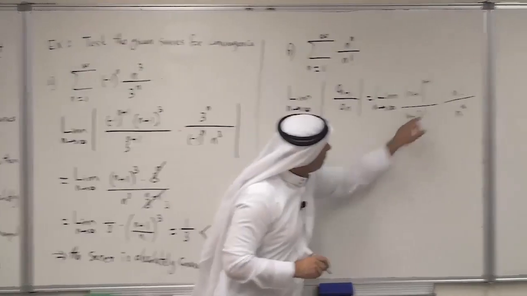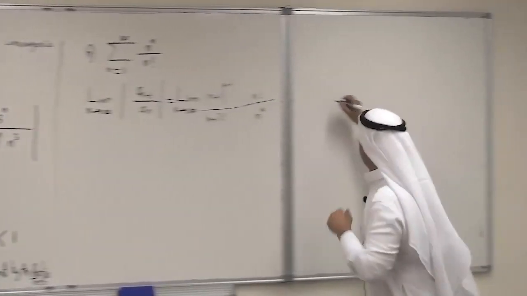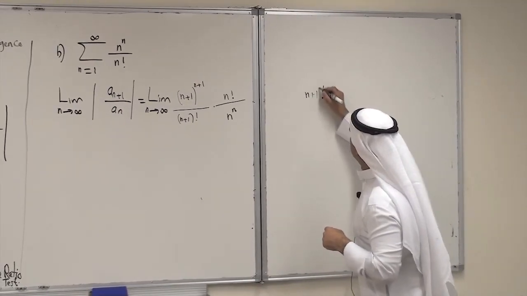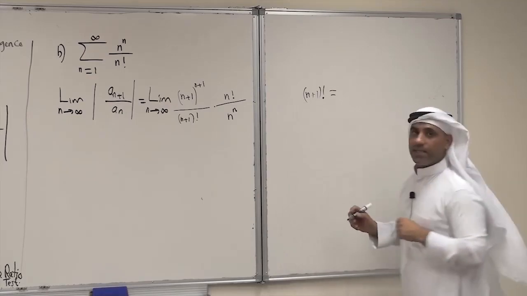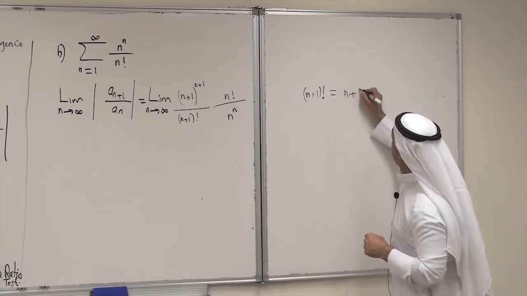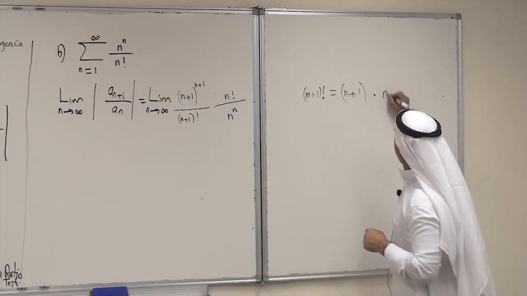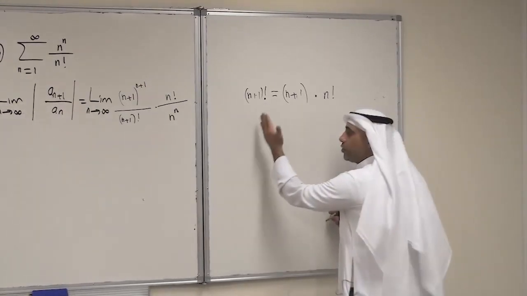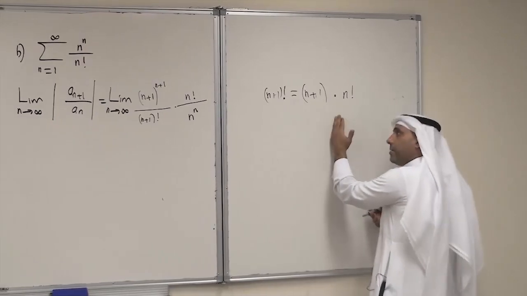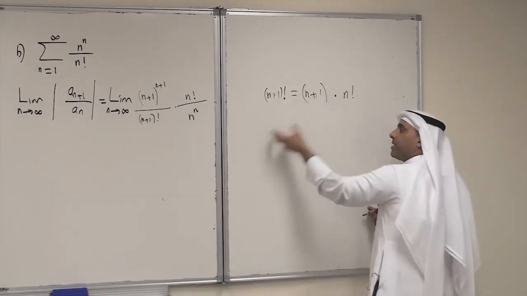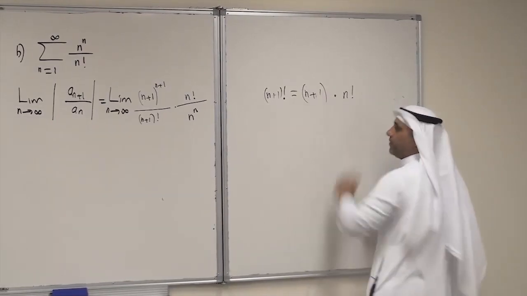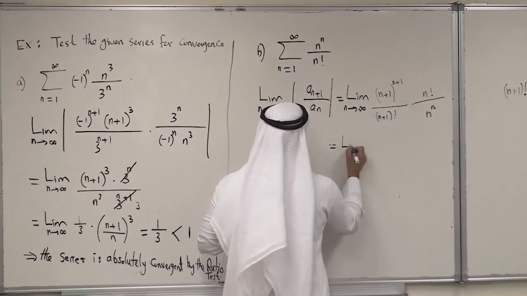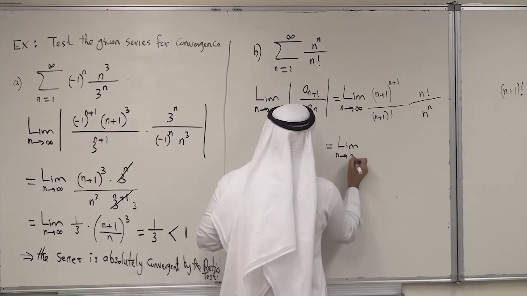Coming to the factorial, whenever you have (n plus 1) factorial, you can always rewrite this as (n plus 1) multiplied by n factorial. By definition, (n plus 1) factorial is 1 times 2 times up to n times n plus 1. So we can save n plus 1 and the remaining terms will be n factorial. Simplifying here, that will give you the limit as n goes to infinity.